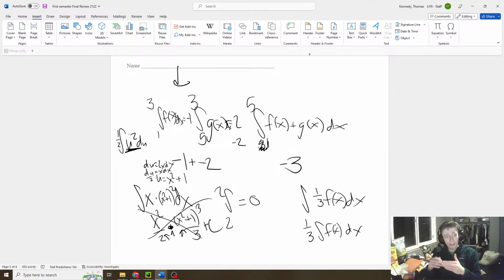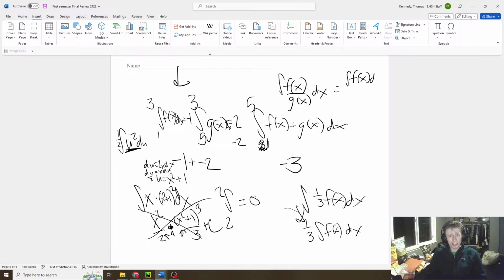We only have like 5 or 6 rules and they're all pretty easy. Pulling a constant out is pretty easy. Adding things together, switching the bounds, all that stuff in abstract by itself is easy, but it's when people get baited by things that aren't real tricks, like thinking that the integral of f of x divided by g of x dx is the same thing as the integral of f of x dx divided by the integral of g of x dx.